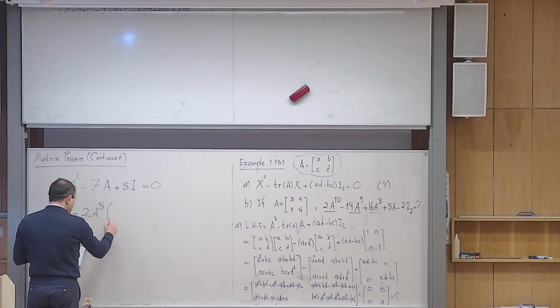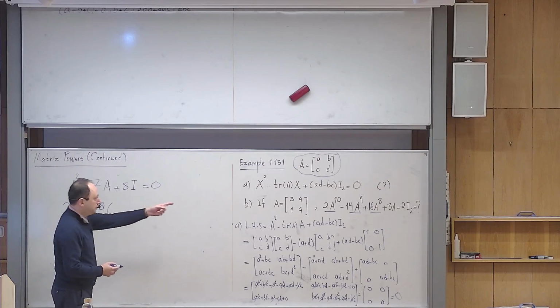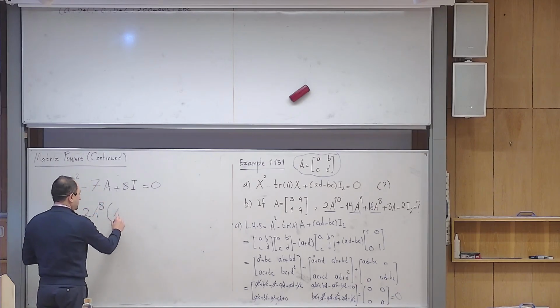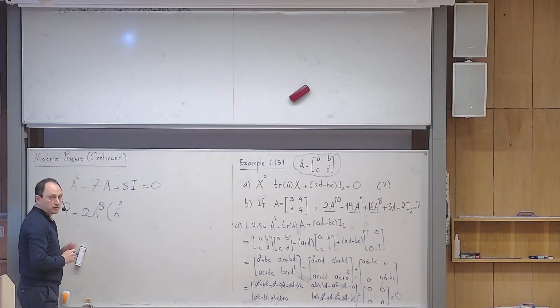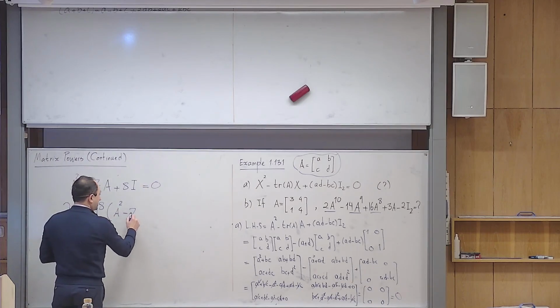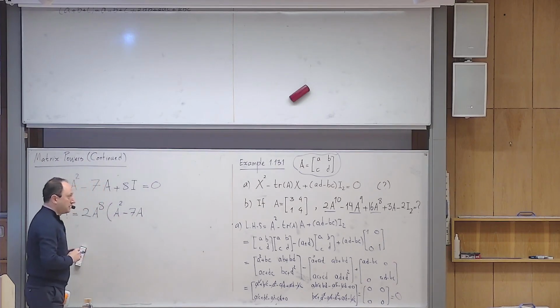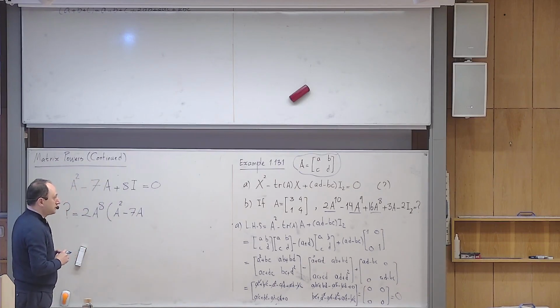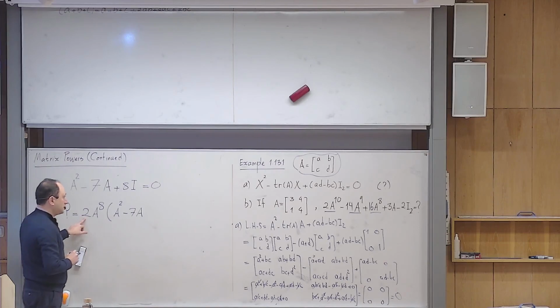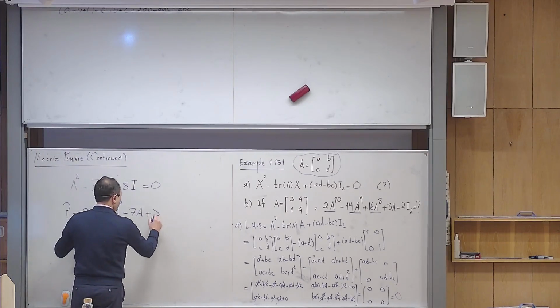Then from the first term, A squared is left. From the second term, minus 7A is left. Tell me what is left from the third one? 8I. Don't write just 8, it is meaningless, 8I.